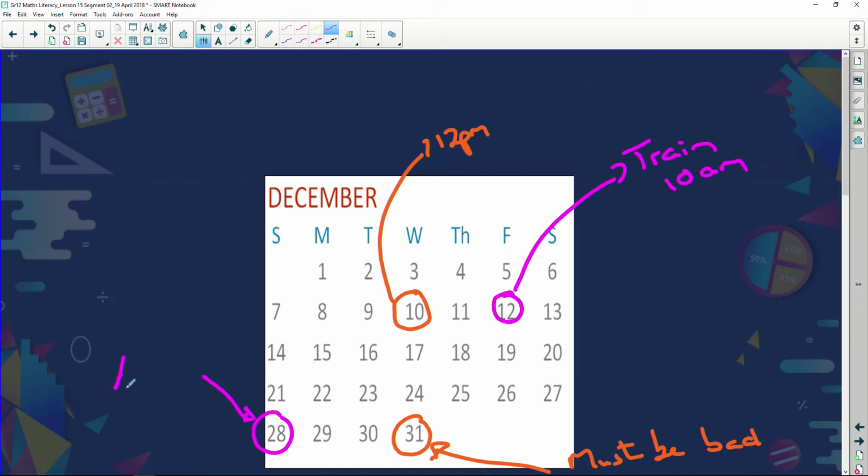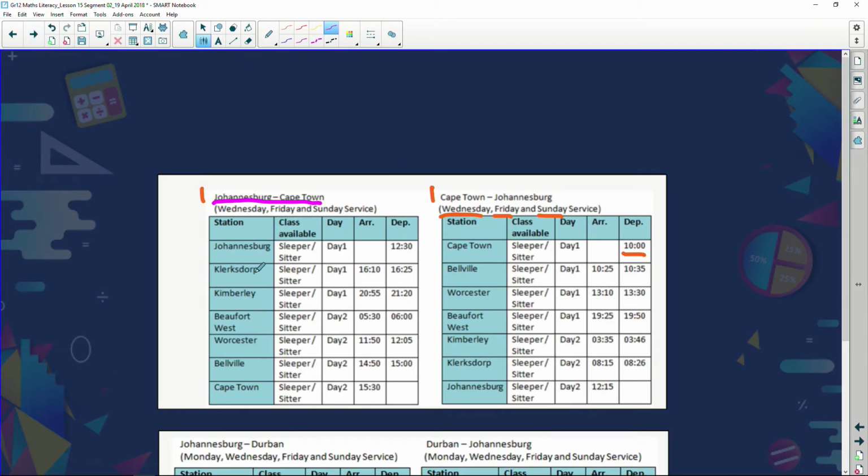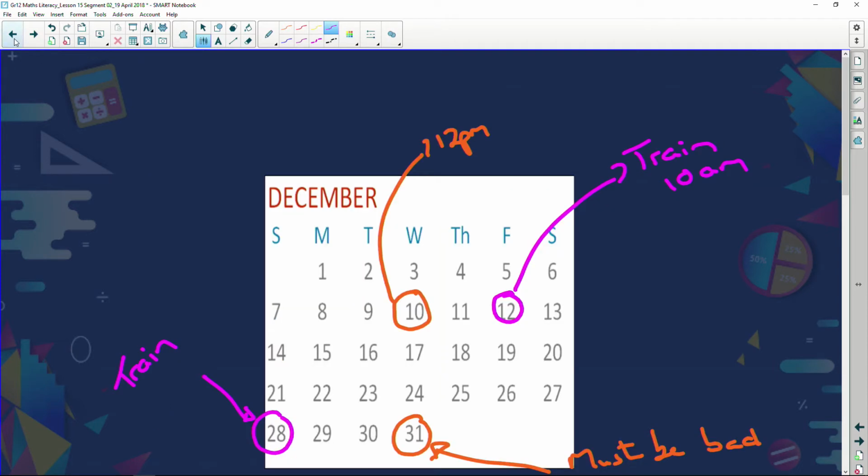So they're going to get on the train on that Sunday, the 28th, which means they get back the Monday, but at least they're there in time for the 31st. So when I look at my train timetable again, we know it leaving Joburg on that Sunday, and it leaves at 12:30 p.m. in the afternoon. Okay, so we're getting on the train.